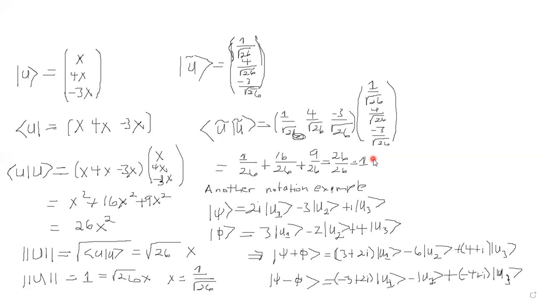Now, another thing about it, what a lot of people have problems with is that the notation can be kind of weird. Here's another example about the notation, in which I have two kets with a basis. The basis kets are U1, U2, and U3. These are bases. So here's another ket with the same basis, just like a vector.